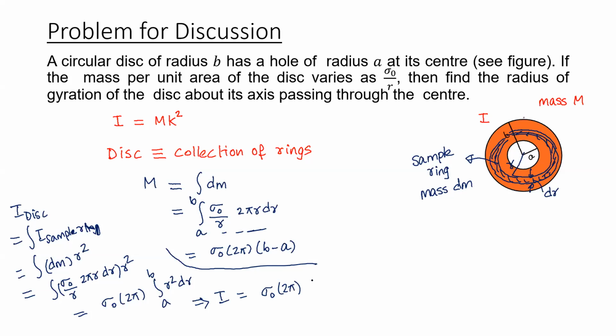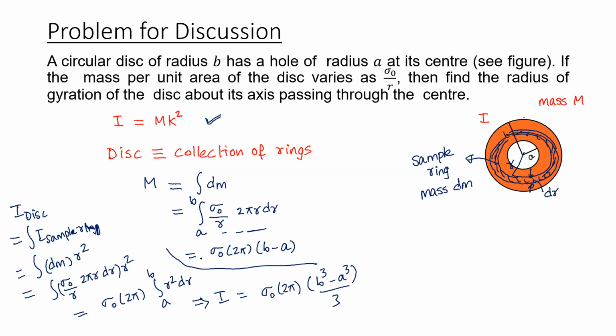If I substitute the limits, I'll get b cube minus a cube by 3. Now we have this definition of the radius of gyration.